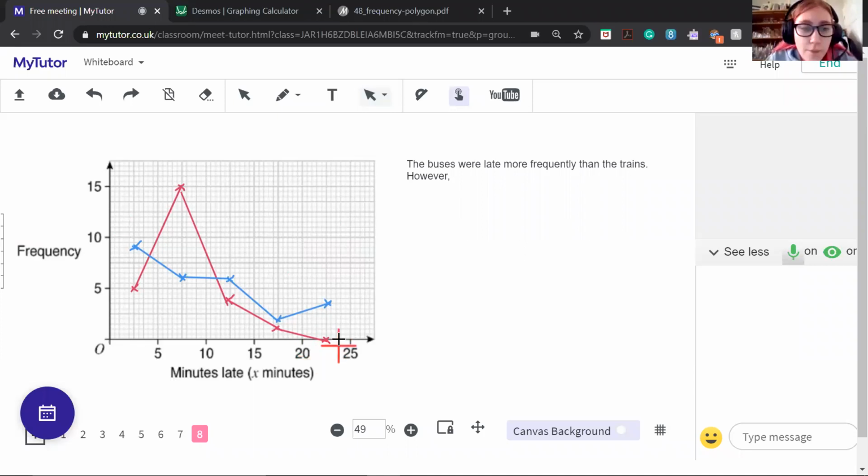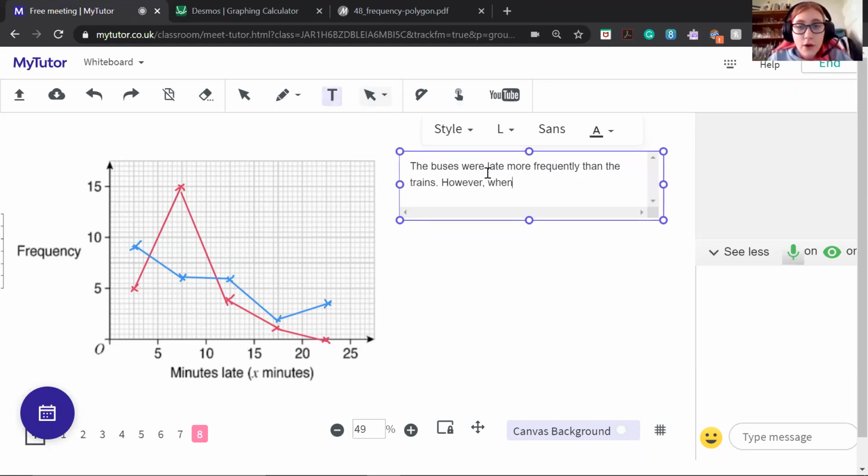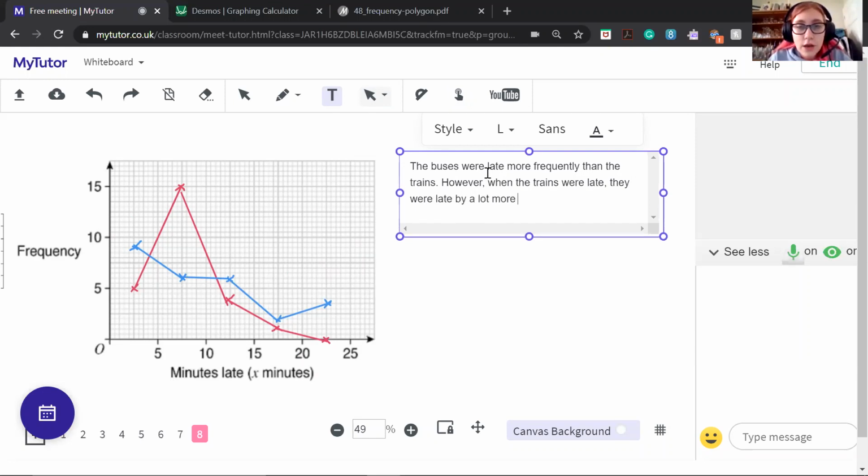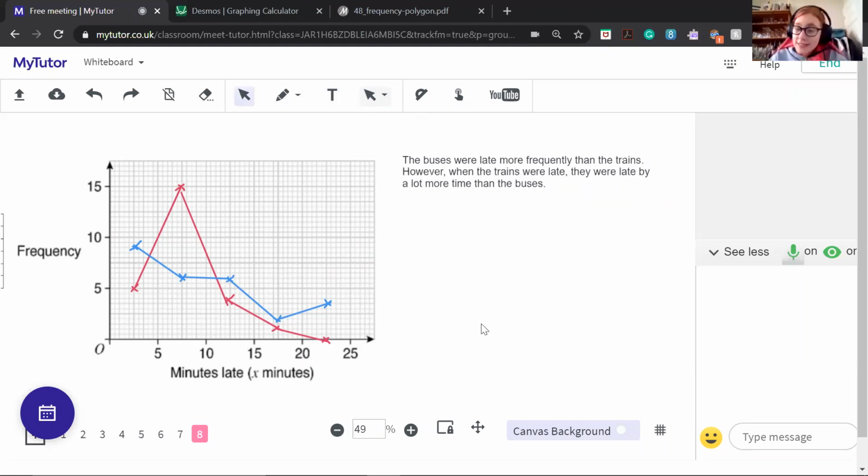For example, no bus was 22.5 minutes late, whereas 3 trains were in this bracket, and more here. So when the trains were late, they were late by a lot more time than the buses. So that's just 2 really simple points. That's 2 marks right there.